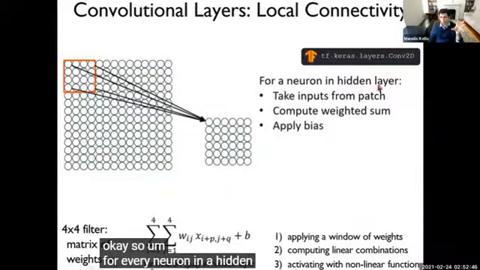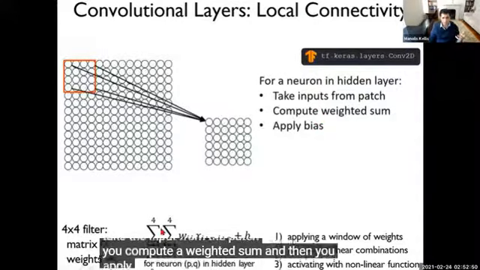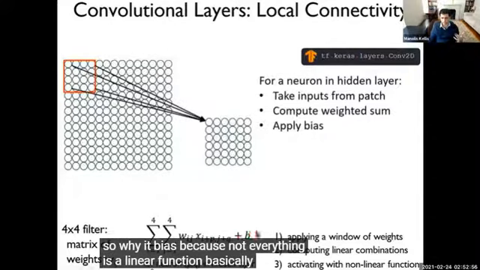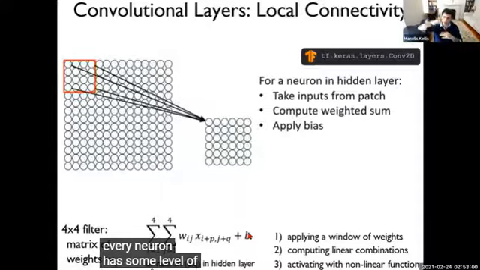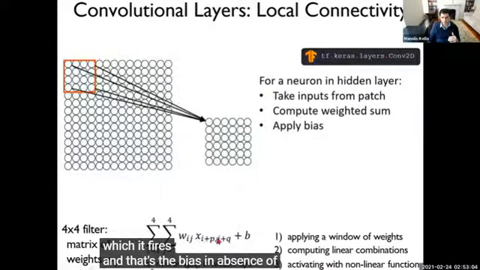Okay. So for every neuron in a hidden layer, you take the input from the patch, you compute a weighted sum, and then you apply the bias. So why a bias? Because not everything is a linear function. Basically, every neuron has some level of activation at which it fires, and that's the bias in absence of any data.